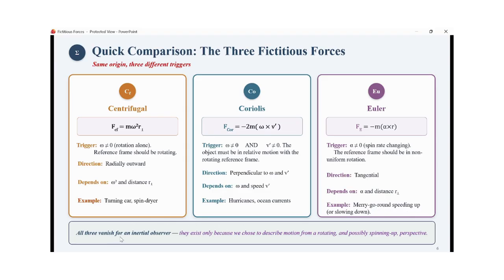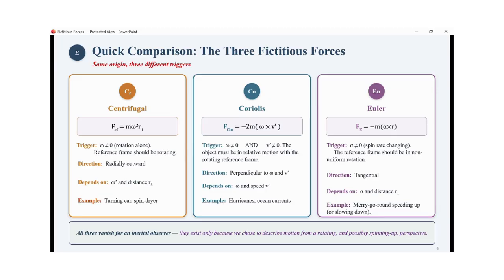All three types of pseudo forces vanish for an inertial observer. If the observer is sitting inside an inertial frame, then all these three types of pseudo forces will be absent. None of them will be present for an observer sitting in an inertial frame.